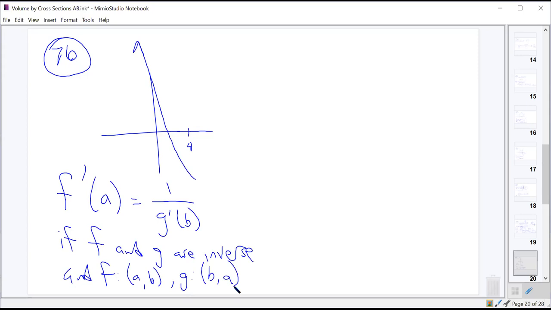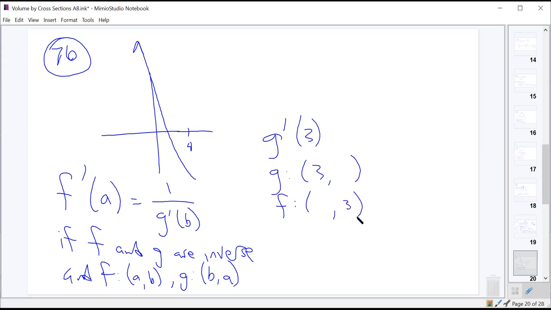So really all we're looking for here is g prime of 3. That means that g contains some point 3, something, right? It must have an x value of 3 because otherwise we wouldn't be able to find the derivative at 3, which tells us that f must contain some point something, comma 3.